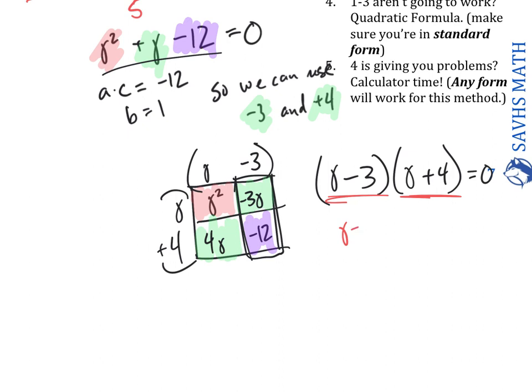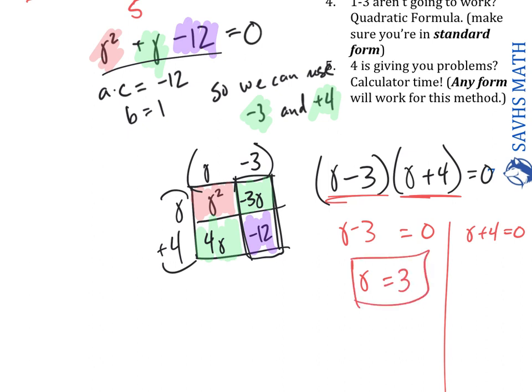We'll say gamma minus 3 equals 0, and we'll say gamma plus 4 equals 0. Solve these two equations, and we'll get gamma equals 3. That's one solution. And we'll get gamma equals negative 4. That's the other solution. Okay, so there they are. We're done.